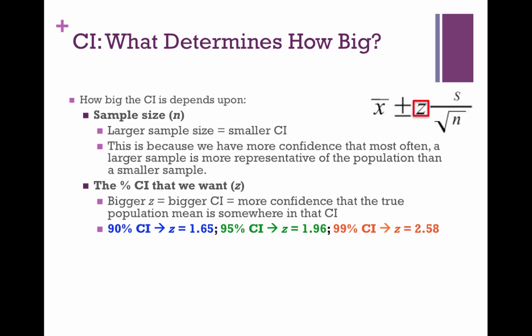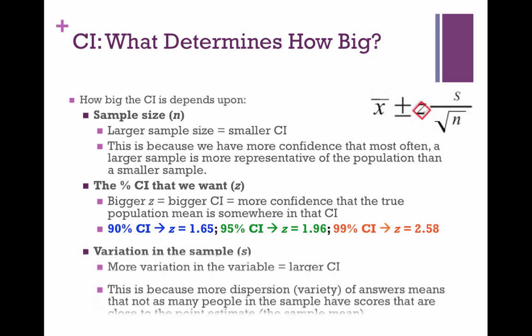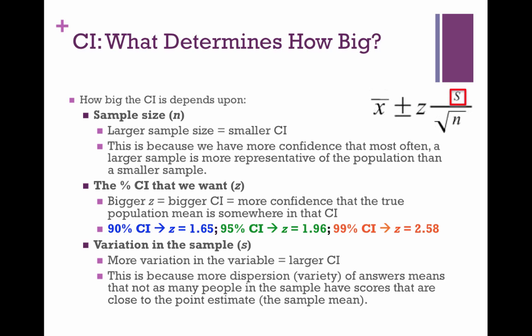The last thing that determines how big the confidence interval is is the variance, or standard deviation. How much variability is there within your sample? The more variability there is, the larger the confidence interval. This is because more dispersion, more variety of answers, means that not as many people in the sample have scores close to the point estimate, the sample mean.